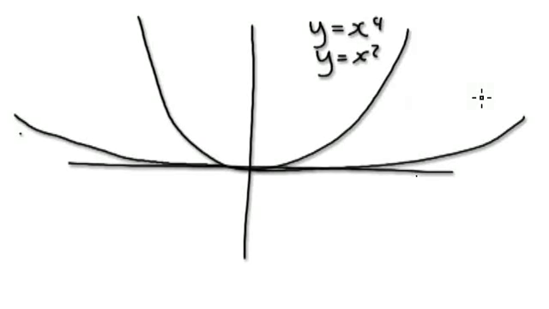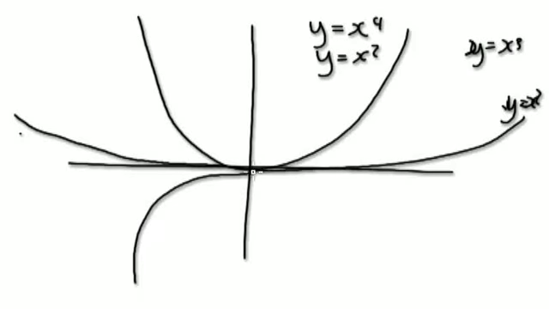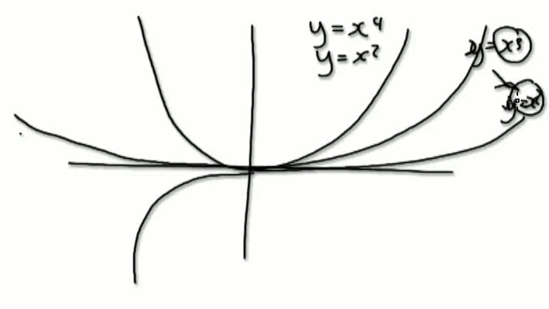Now, don't forget, this is y equals x squared. Don't forget y equals x to the power 3. Even though it's like this thing here, it climbs. You know y equals x to the power 3 climbs a lot faster than x squared.